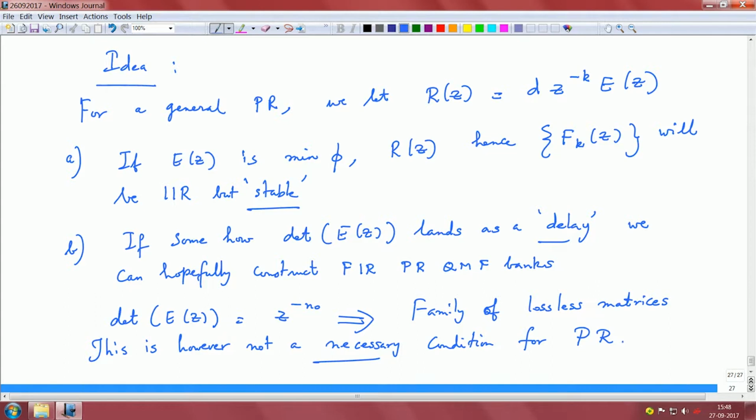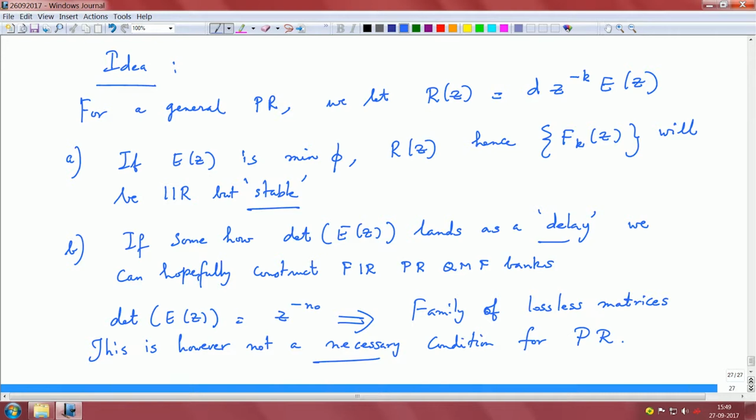Okay. So, the idea is very simple. So, R of z times E of z is P of z, and if we let P of z be some c z power minus n naught, some delay, R of z is this delay with a gain with some E inverse, and the E inverse is 1 over determinant of E of z times adjoint, and if the adjoint somehow works out to be of the form of E of z itself, then we are home for good, right.